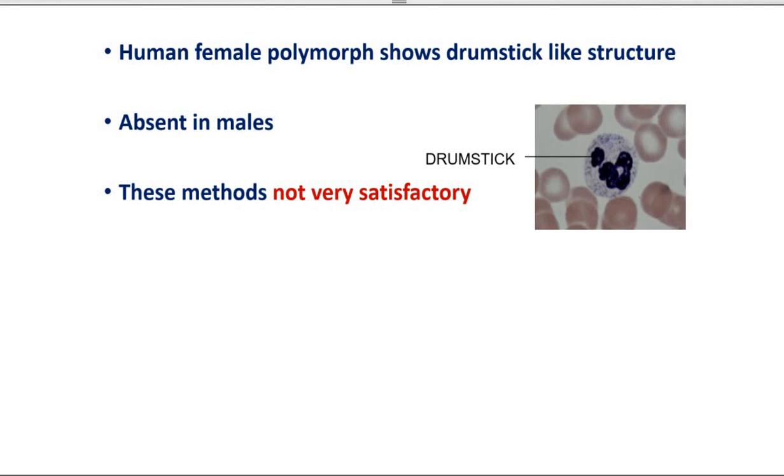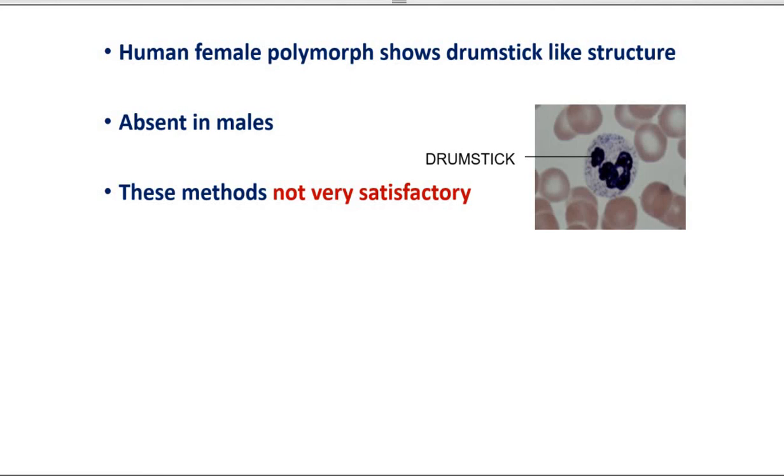Now, apart from seeing Barr bodies, you can also identify that a particular sample is from a female, or has more than 1 X, by the presence of drumsticks. What are drumsticks? They are this type of structure present in the neutrophils if you take a peripheral smear.